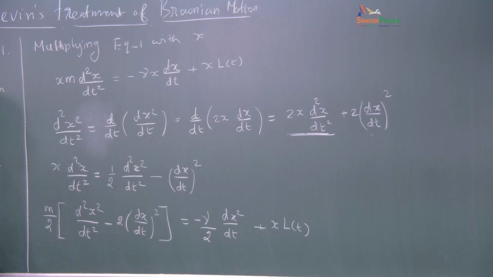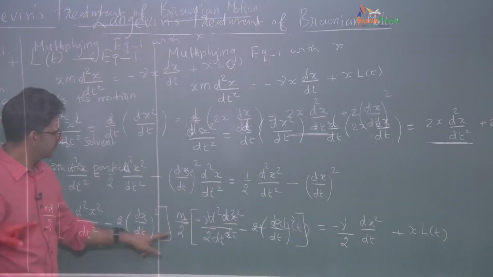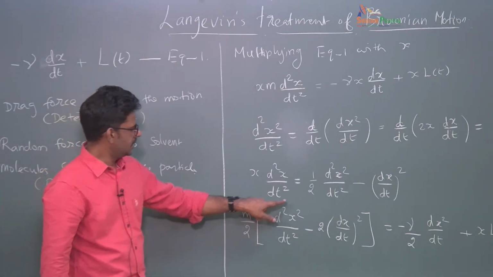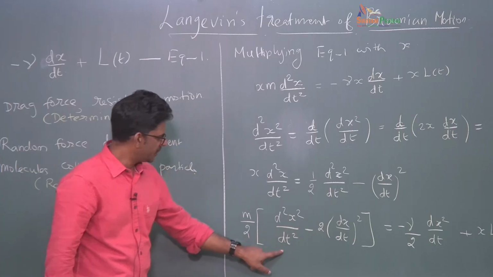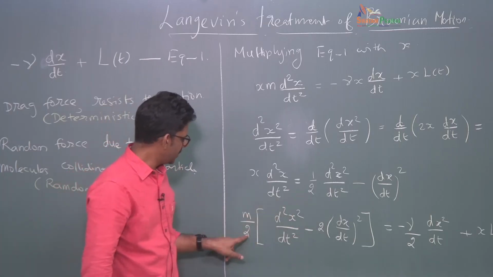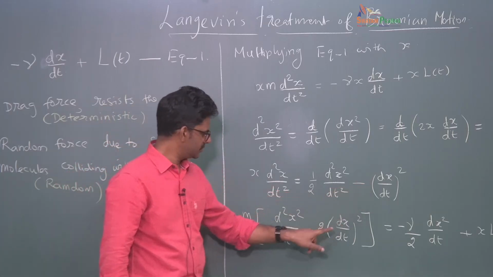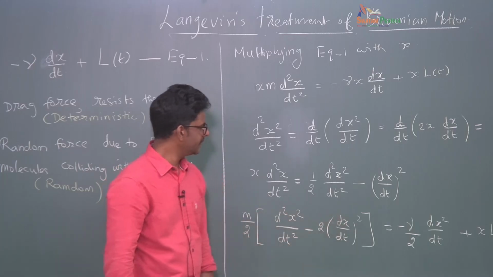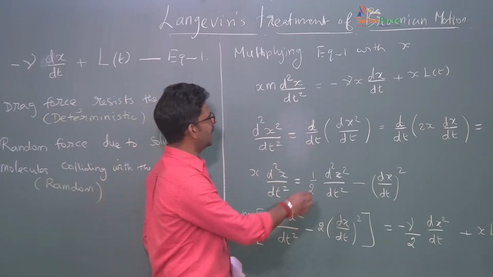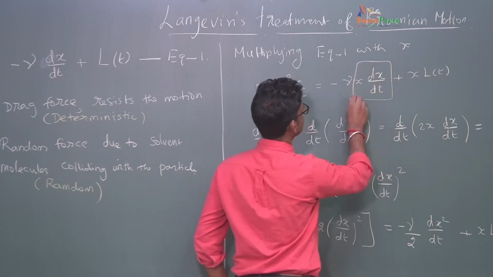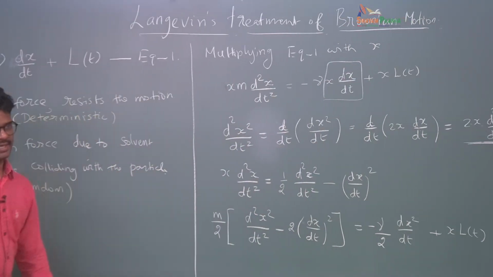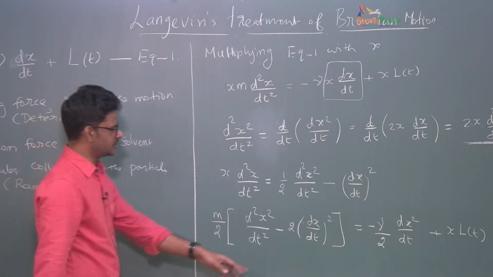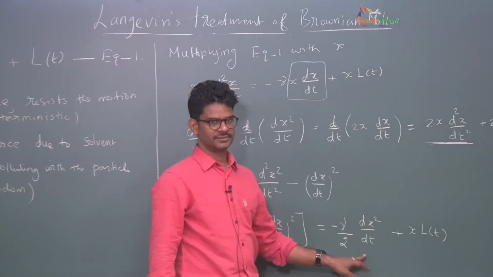So now we are going to use this expansion of this term and substitute it here. I have m here and I am pulling out a factor of 2, so I get m by 2, and I have this d square x square by dt square minus, since I am taking 2 out, I have a factor of 2 here, so 2 times dx by dt whole square. On the right hand side I have this term x into dx by dt, that can be written as 1 by 2 dx square by dt.